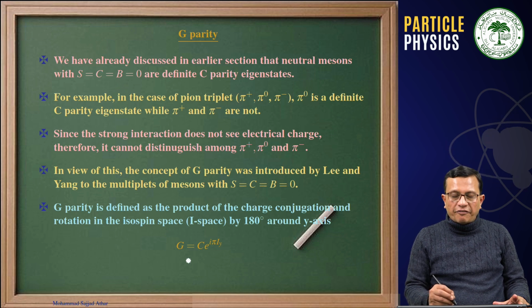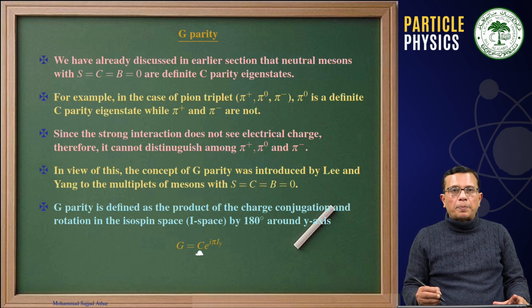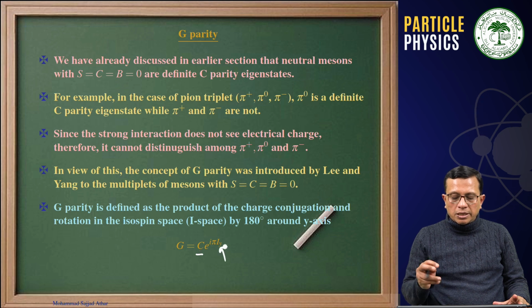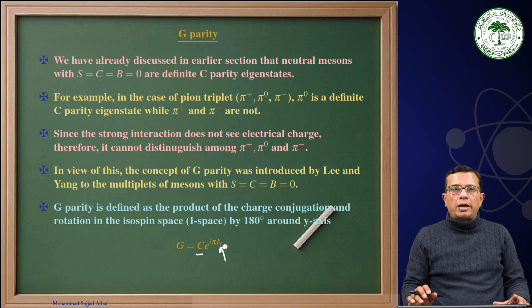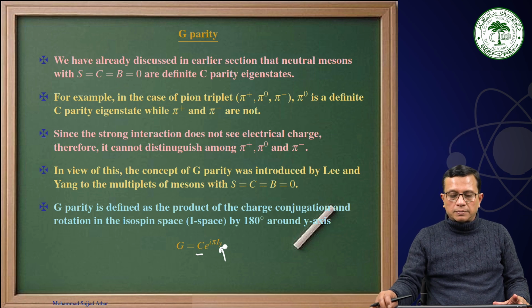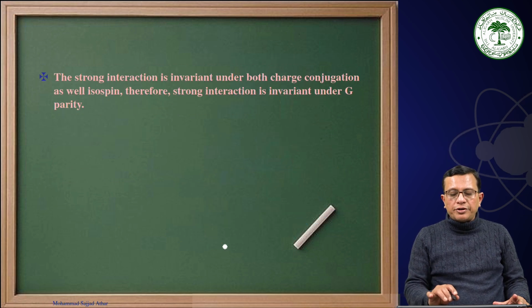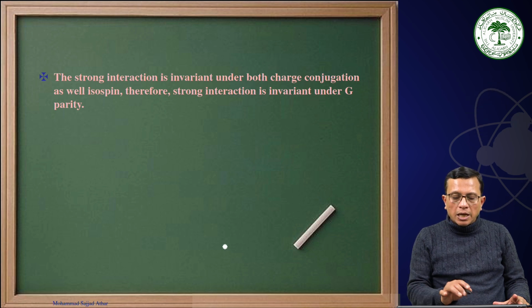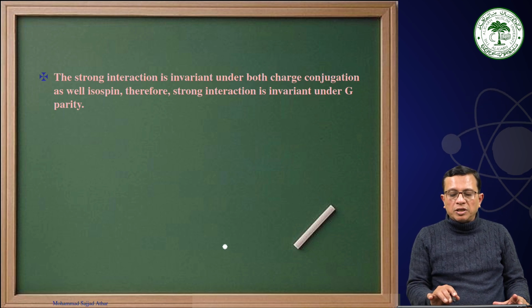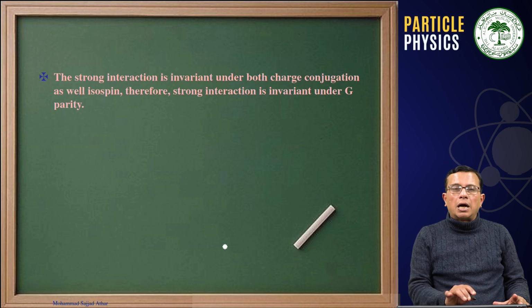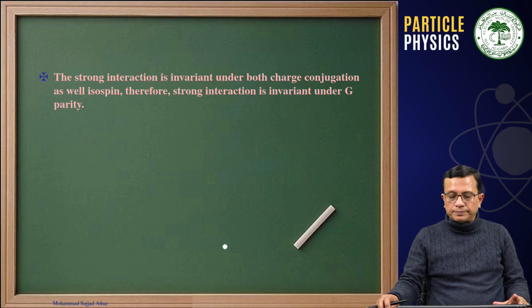That means this is defined as the charge conjugation operation and the rotation around the y-axis by 180 degrees in the isotopic spin space. The strong interaction is invariant under both charge conjugation as well as isospin. Therefore, strong interaction is invariant under G-parity.